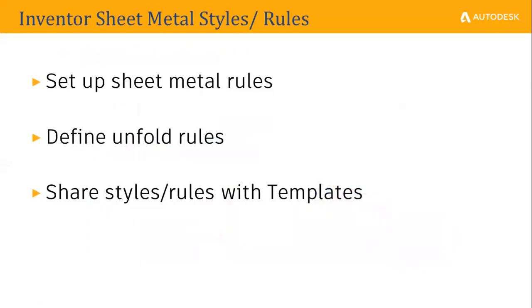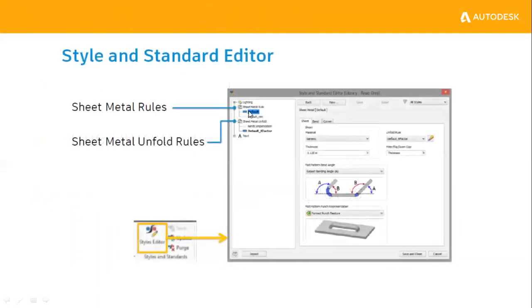So where can we find these sheet metal styles and rules? Inside Inventor, we have the Styles and Standards Editor. If we get into this dialog box, we will find how we can define your sheet metal rules, and how we can define the unfold rules.